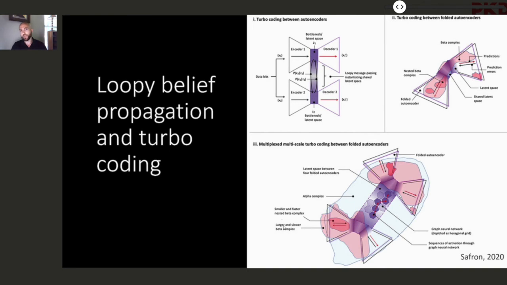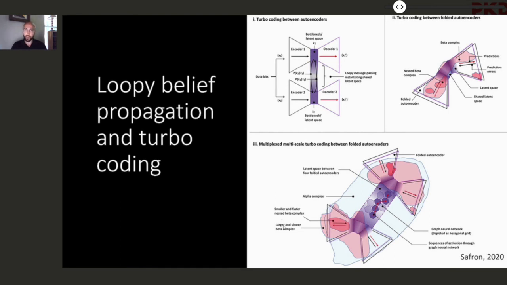I further suggest that these latent spaces might be structured according to principles that might be well describable in terms of graph neural networks, which are having increased interest because of their capacity for very efficiently modeling a wide range of phenomena and being useful for data fusion and synthesis.